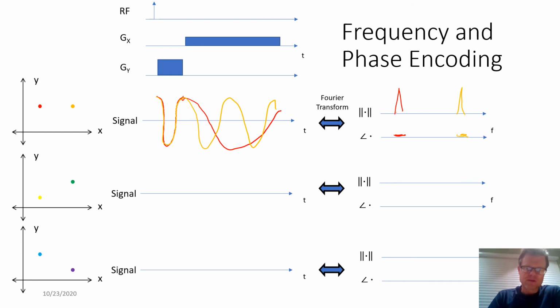Let's see if we can distinguish our other objects here. Now our yellow object is closer to the origin in y, so it has less phase accumulation. It's low, not very far in x, so it has low frequency over here.